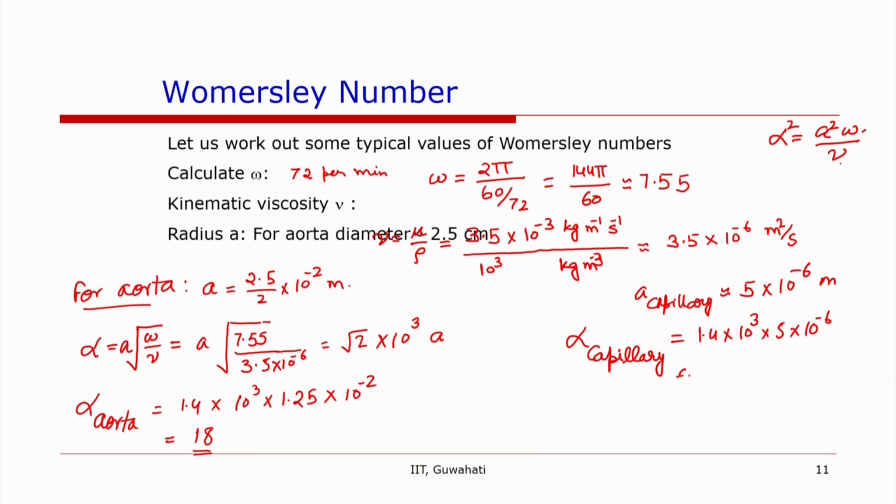So that will come out about 7 into 10 to the power minus 3, or roughly we can say that about 10 to the power minus 2.